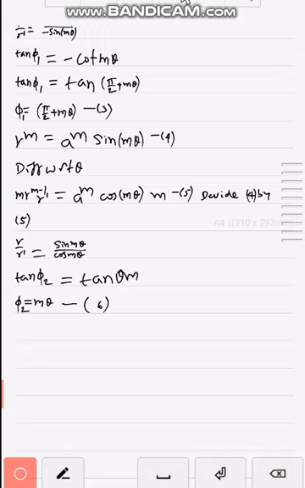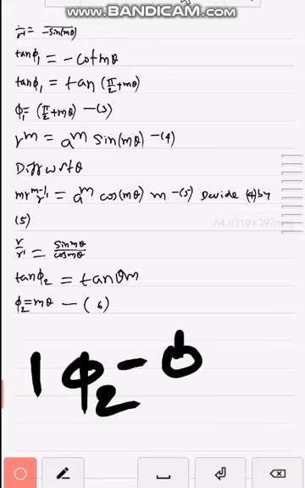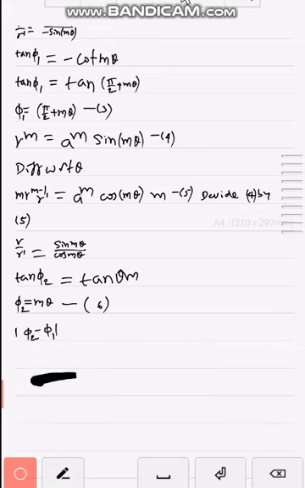So we have phi 2 is equal to m theta, phi 1 is equal to pi by 2 plus m theta. Therefore the angle between two curves, that is the absolute difference between phi 2 and phi 1, is equal to pi by 2. Of course both the curves intersect orthogonally.